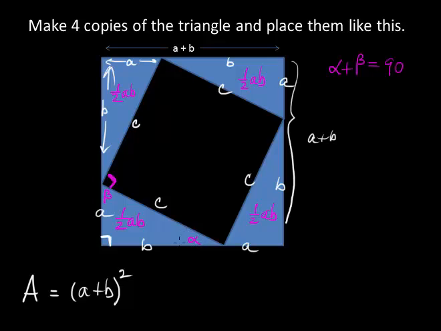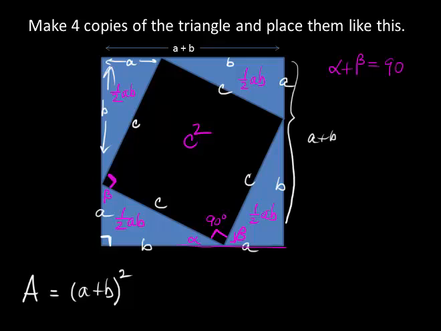So look at this, you have a straight line here, and this is alpha, and this is the larger, this is beta right here. And so if alpha plus beta is 90, and it's a straight line, then that has to be 90 degrees. So this inside black region is definitely a square, and we can say that its area is c squared.